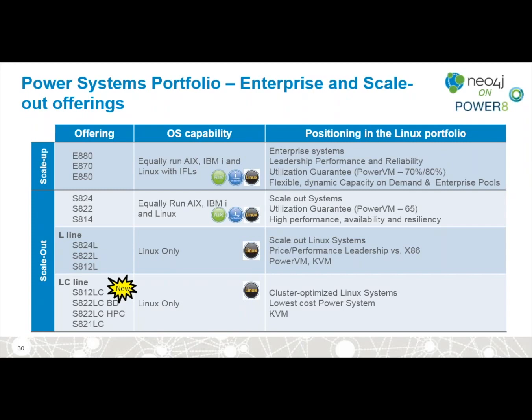So if we start at the top with our enterprise server offerings, these models are really designed for enterprise computing. Some of the most complex mission-critical priorities that businesses have, these are systems that are supporting those priorities.